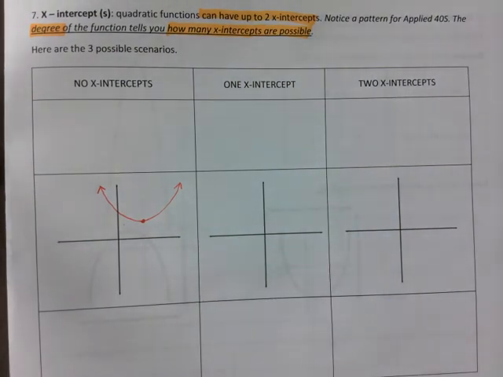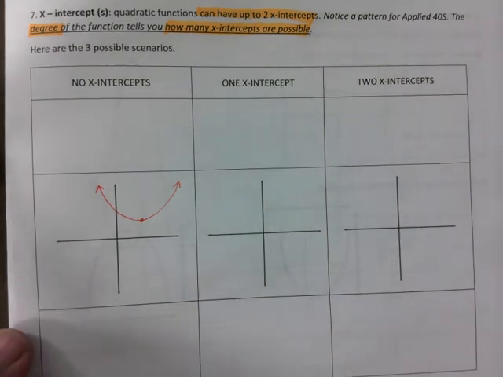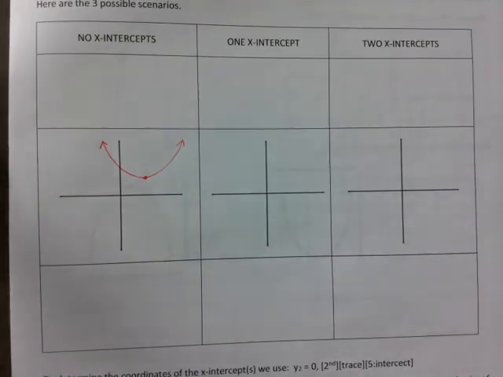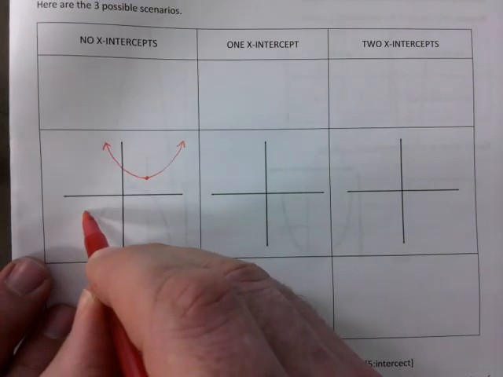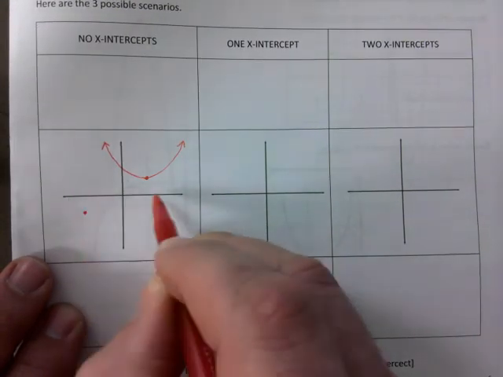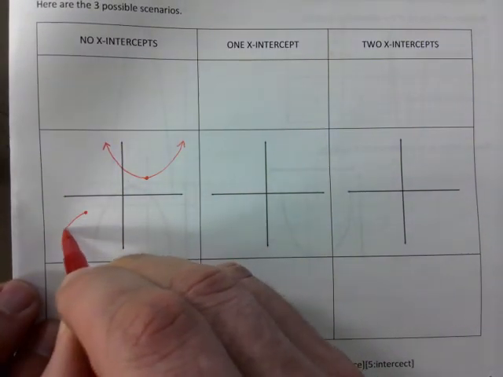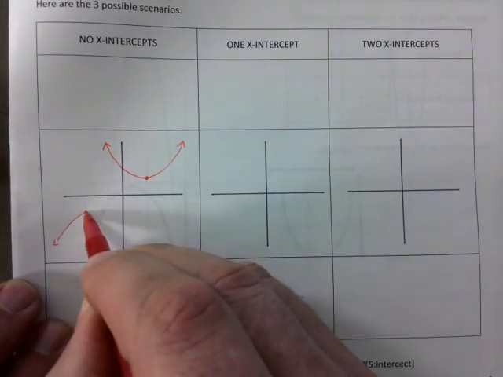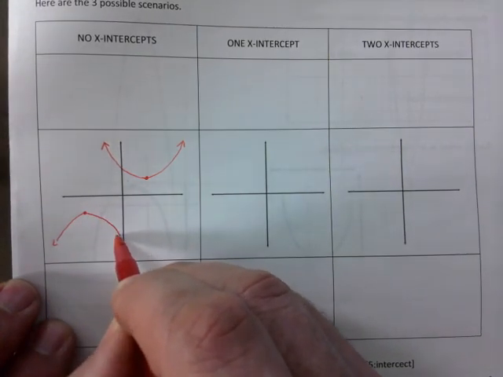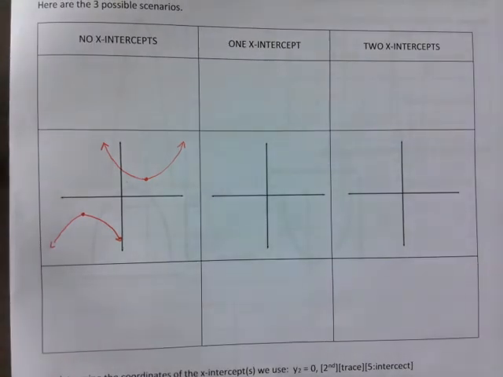That's the definition of a parabola. It has 2 same halves. So you would have no x-intercepts there. Alternatively, if you have the vertex below the x-axis and it's pointing down, that would give you no x-intercepts.